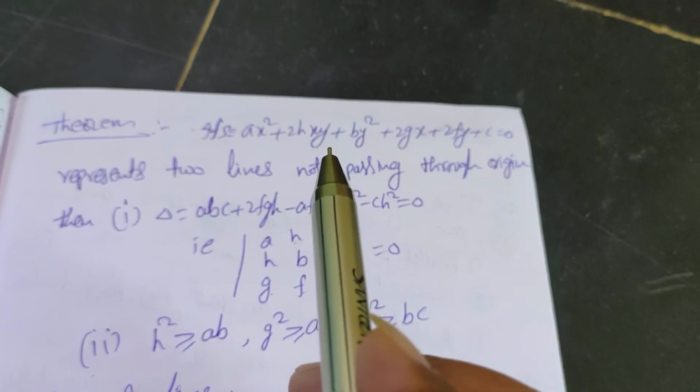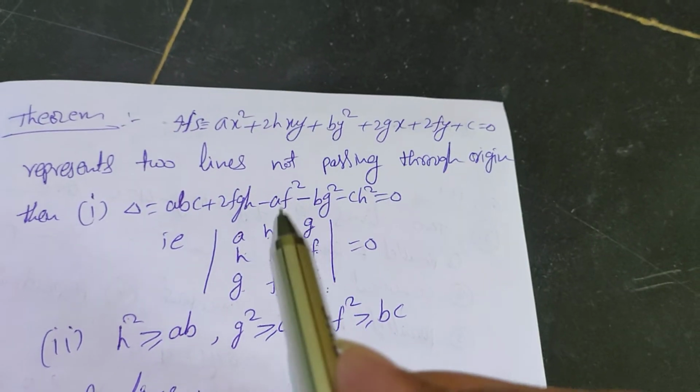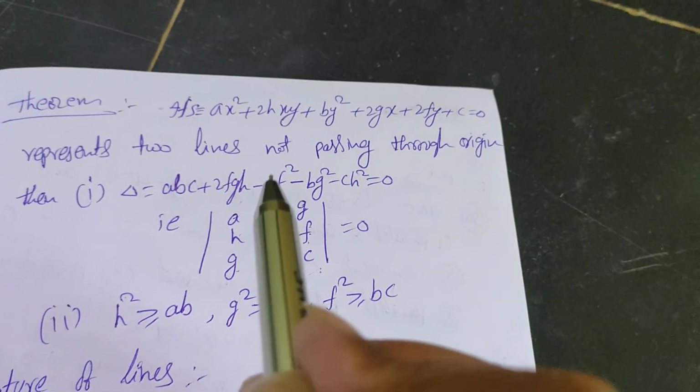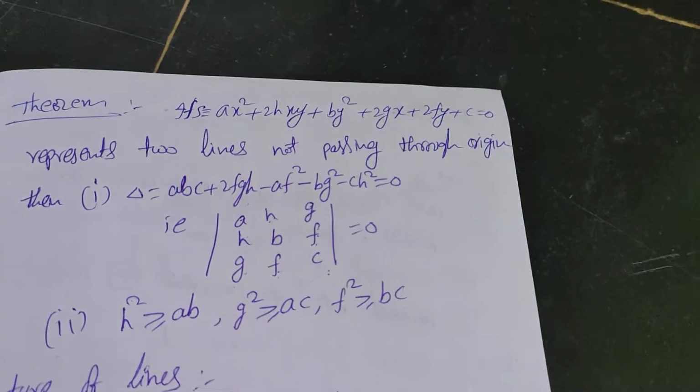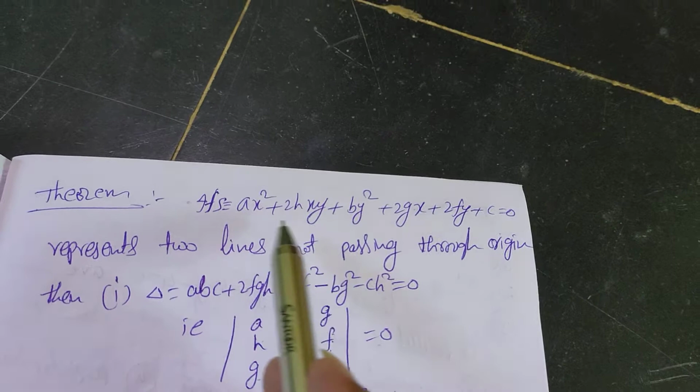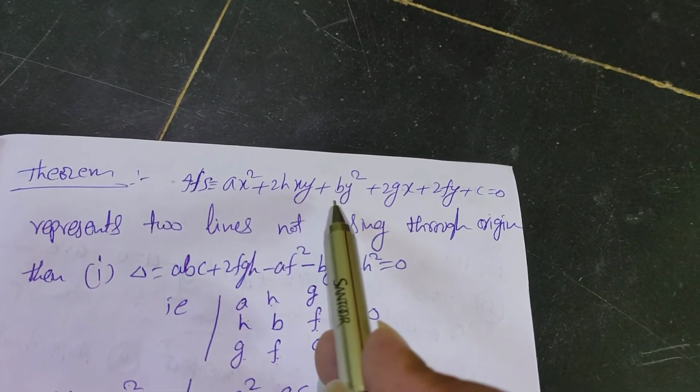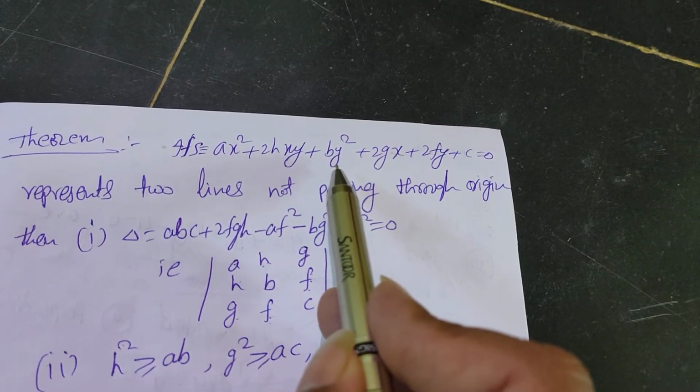If this equation satisfies these conditions, then you can say this represents a pair of straight lines. That means we can write it as a product of two straight lines.